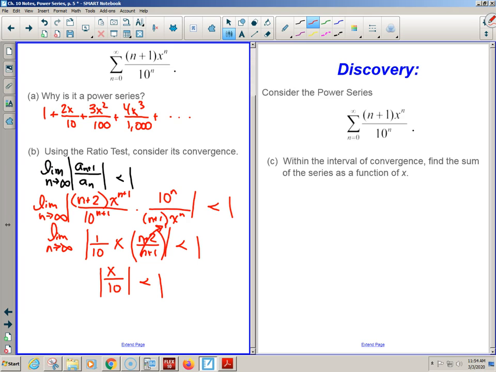The limit goes away. How do I finish figuring out for what x's this will work? Guess what? You just found your first interval of convergence of a non-geometric series.